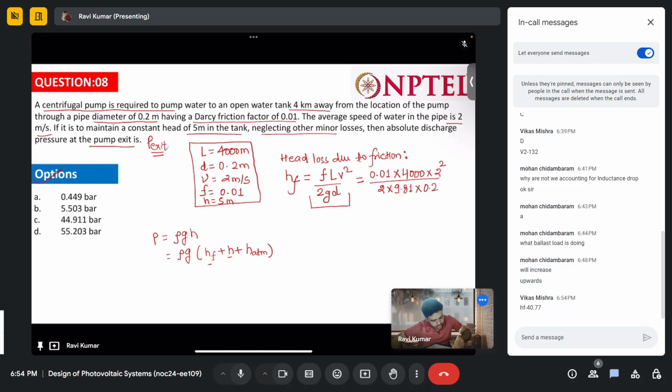Okay, I'm also solving this. Let's see. 0.01.